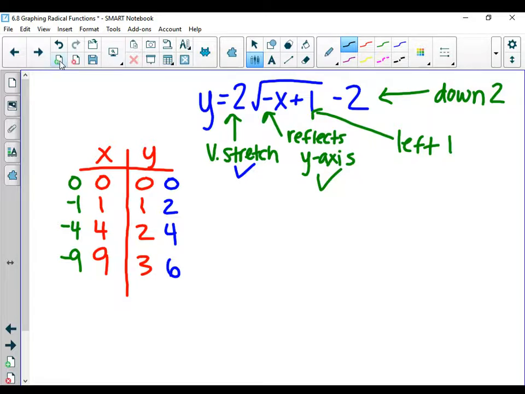X or Y? X. So I'm going to go backwards 1. So if I'm at 0, I'm now at negative 1. And lastly, if I'm going to go down 2, that affects my Y. So I'm going to subtract 2.